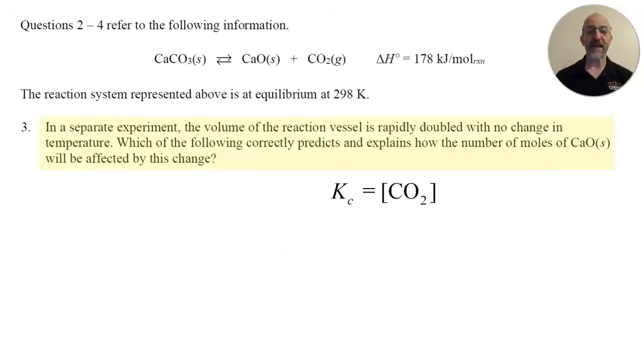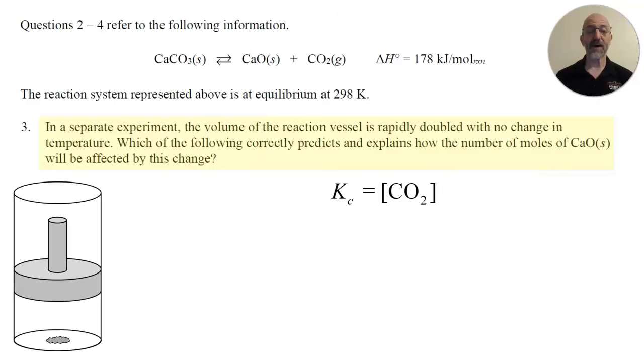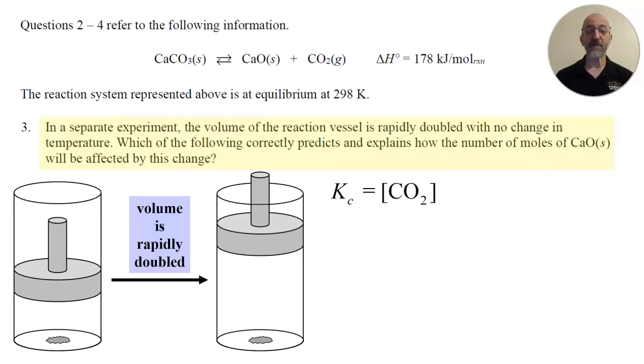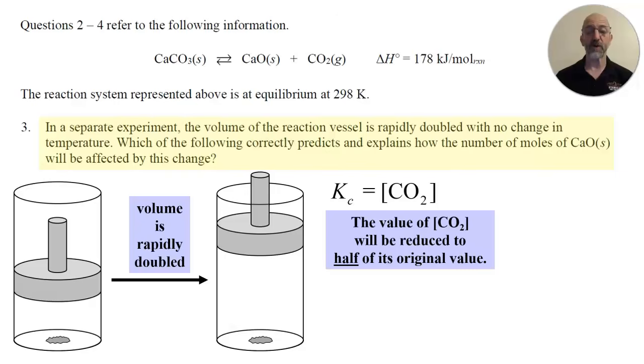So whether it is a Kc or a Kp, if the volume of the reaction vessel is rapidly doubled, then either the concentration or the partial pressure of that gas will suddenly be reduced. So double the volume, cut the partial pressure in half. Double the volume, cut the concentration in half.